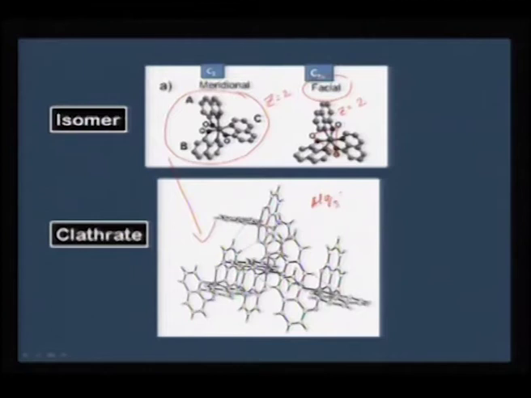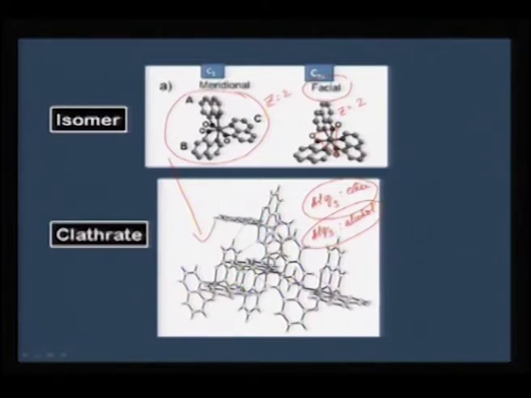Whereas, when you look at clathrate, clathrate is nothing but AlQ3 with some adduct such as an organic molecule. For example, if I am going to do a reaction of AlQ3 in ether, then it will form an ether clathrate. Suppose I am going to do this reaction in an organic solvent like alcohol, then I would get an alcohol clathrate.